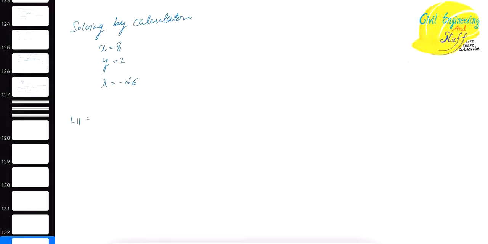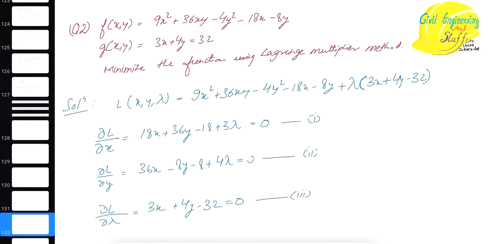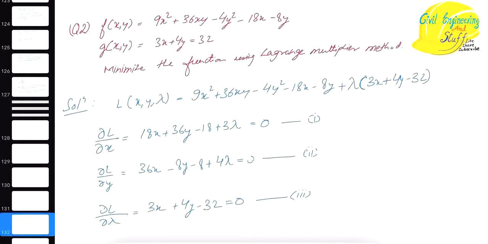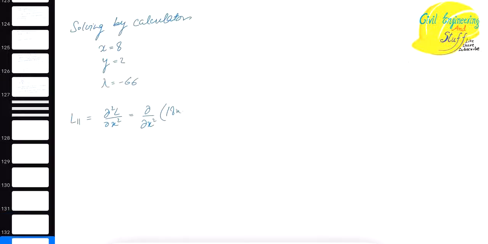So for L11, double differentiating the equation number 1 with respect to x, right? So doing that, we will get the partial derivative of 18x + 36y − 18 + 3 lambda. On solving it, we'll get 18 as our answer, because the rest of the parameters will be treated as constant and will be 0.